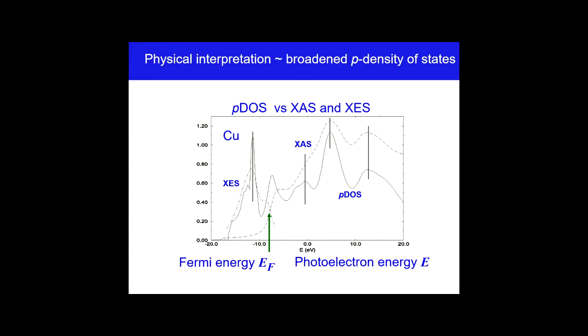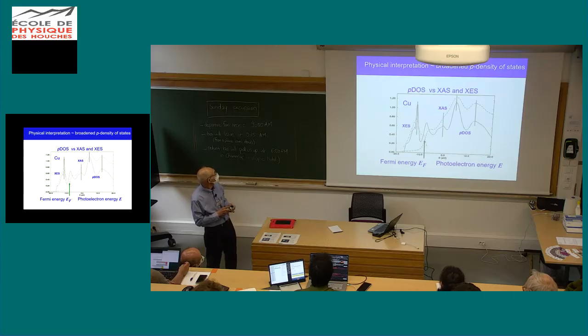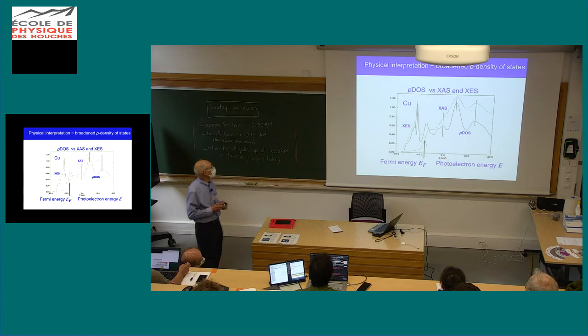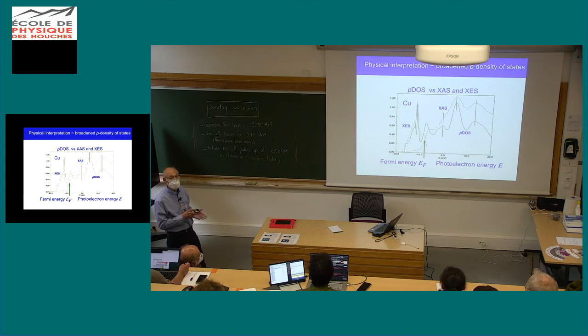Okay, what's also nice about this is that you can get a physical interpretation of the wiggles because of the dipole selection rules that have been mentioned, at least for the K-shell, when you're going from S to P. What's measured in the X-ray absorption is like a broadened P density of states, L equals 1 final states.